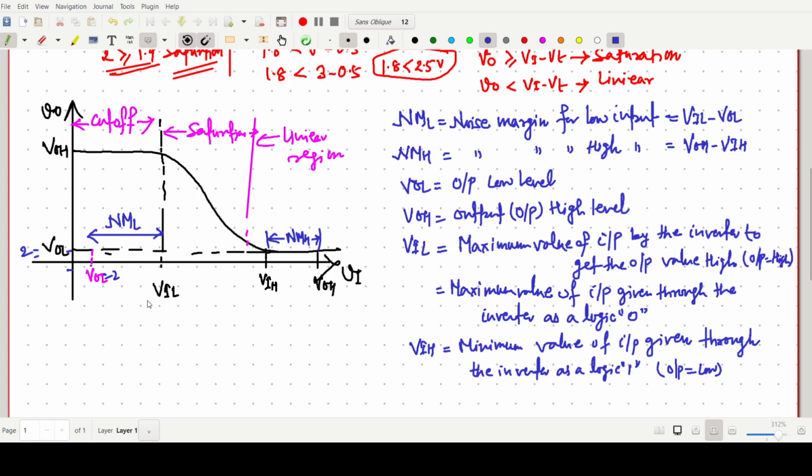Very simple fact: VIL is the maximum, sorry, VIL is the maximum input given to the inverter as a logic 0.